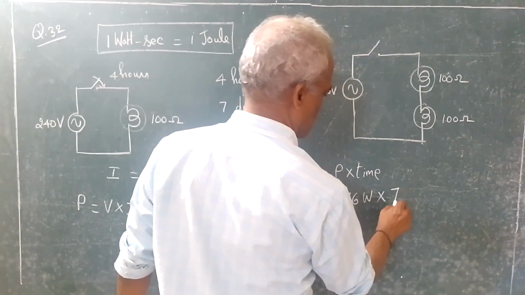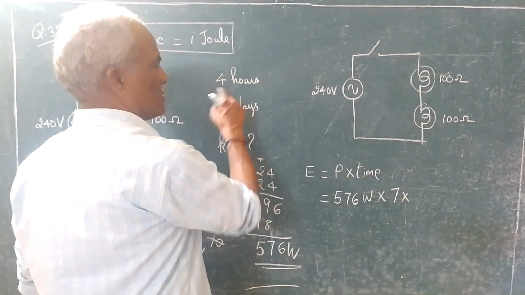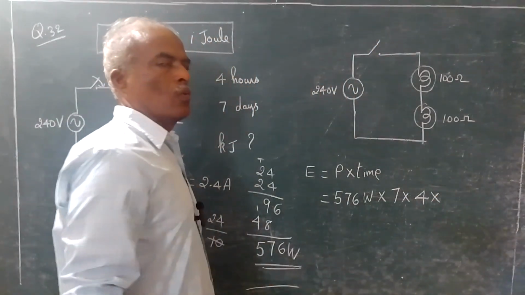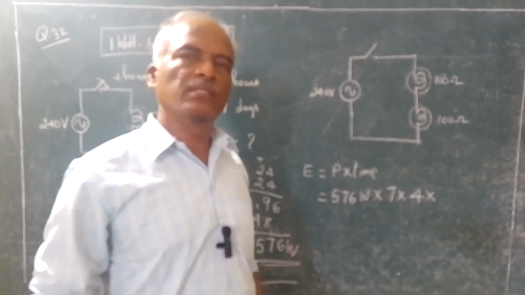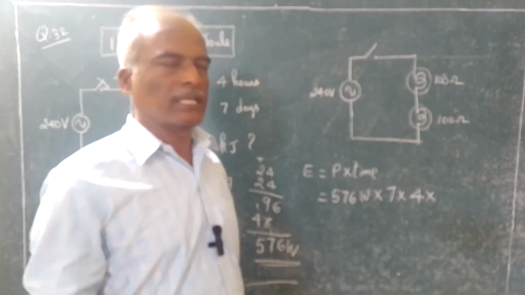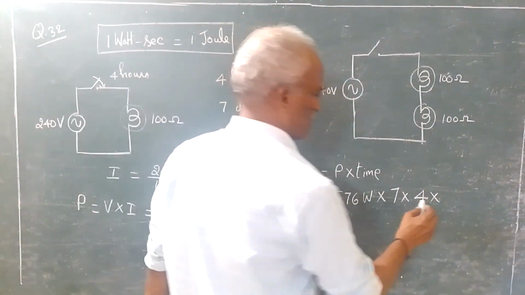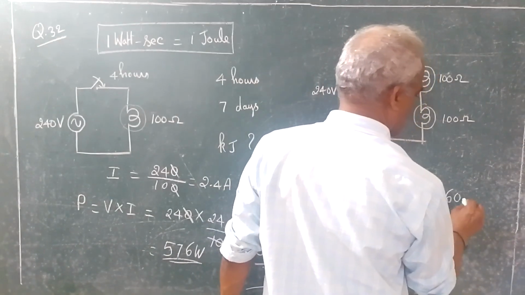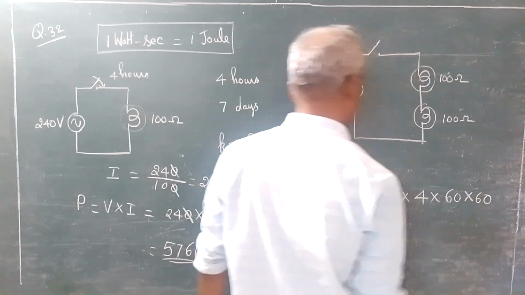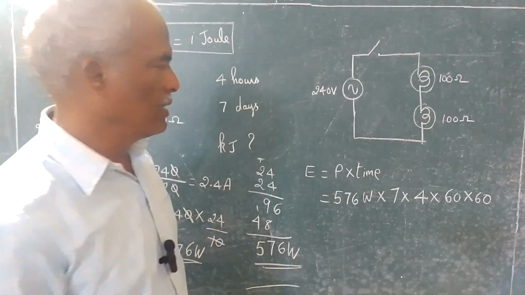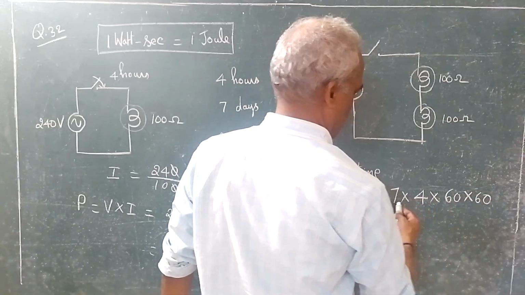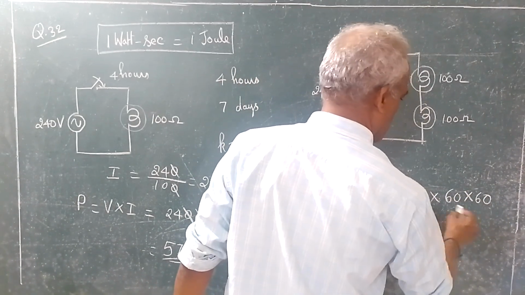So 7 days, 4 hours. So 4 into 1 hour. 1 hour means 60 minutes, then 1 minute 60 seconds. So 1 hour can be written as 60 into 1 minute. 1 minute is 60 seconds. So 60 into 60. So I have converted the entire thing into seconds.